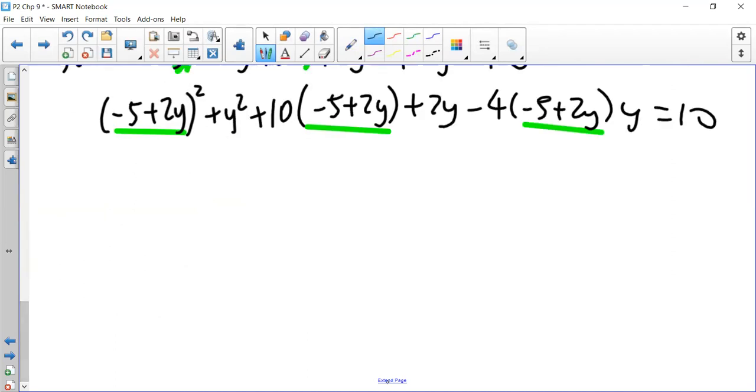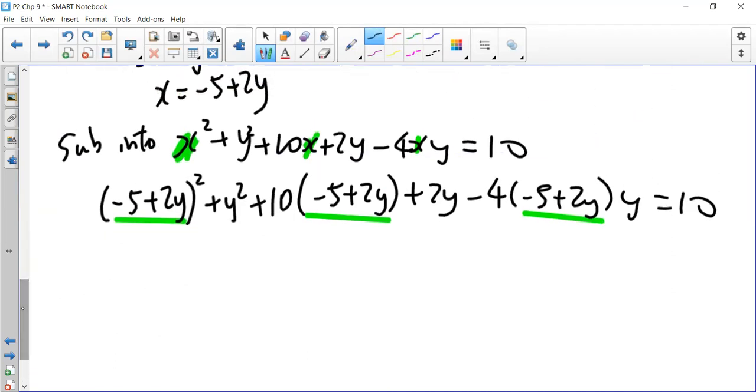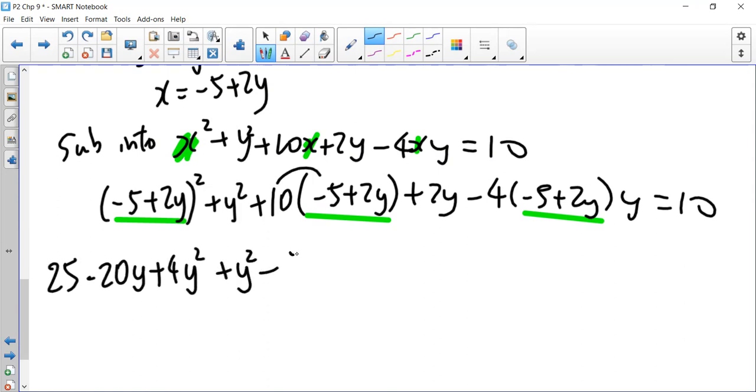Next, got no choice but to expand it and try to simplify the algebra. So expand the bracket. Minus 5 squared is 25. Minus 5 times 2 times 2 is negative 20y, plus 4y squared, plus y squared. 10 times negative 5 is negative 50, plus 20y, plus 2y. Oh, this one.